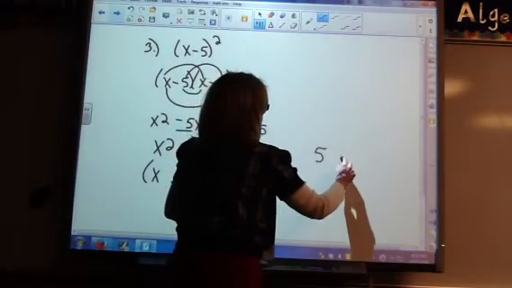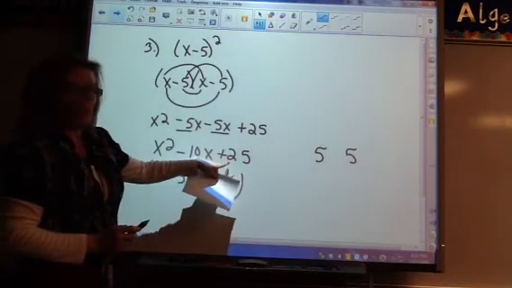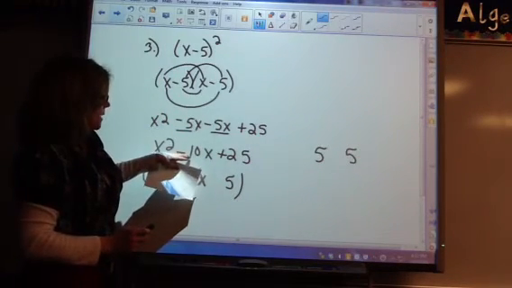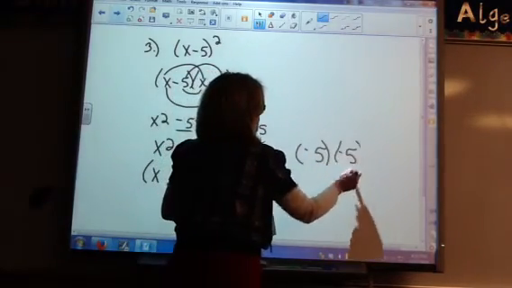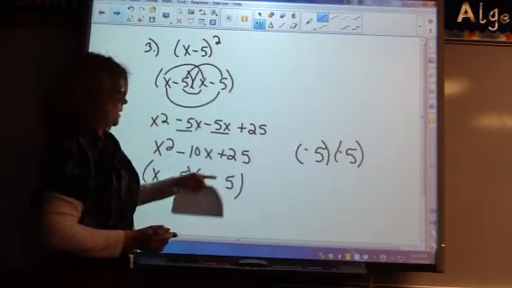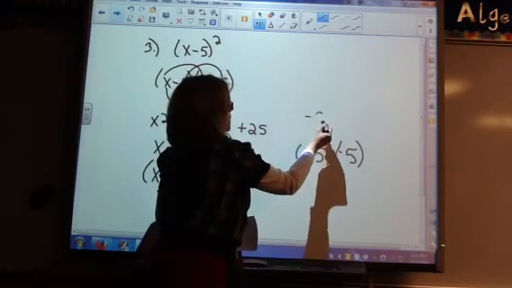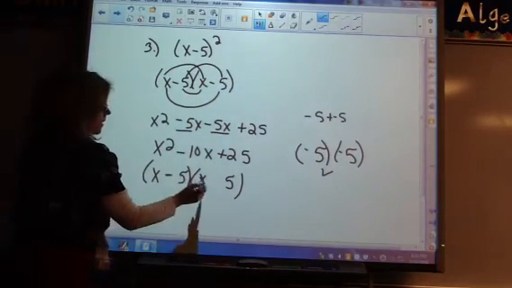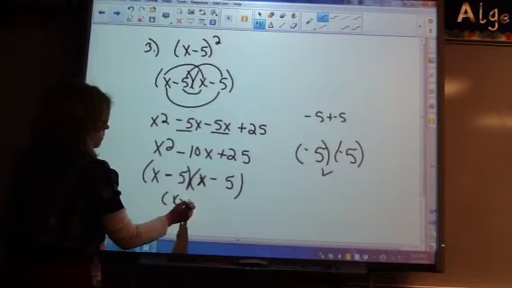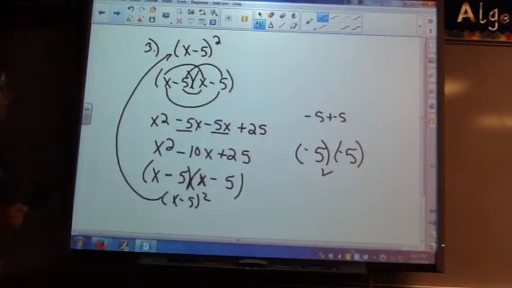And the square root of 25 is 5 times 5. And we know we need a positive 25. But we need those when we add them to get a negative 10. So can we also take negative 5 times negative 5 and get a positive 25? Yes. And then if we take negative 5 plus negative 5, do we get negative 10? Yes. So that's how we work it backwards and get x minus 5 squared instead of x plus 5 squared.